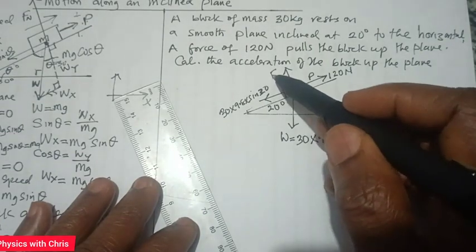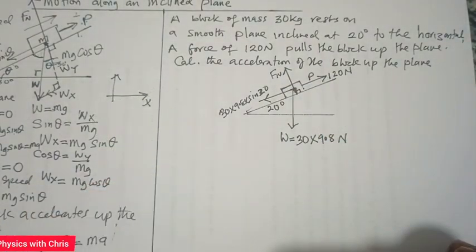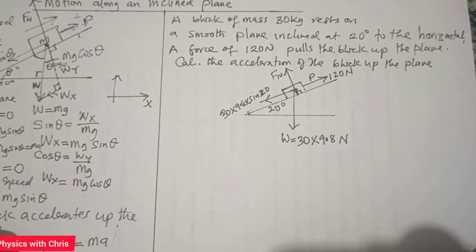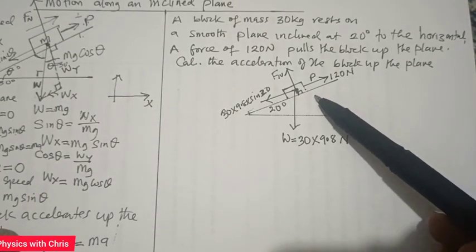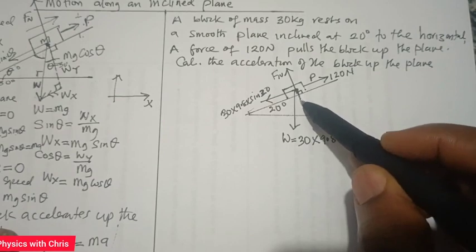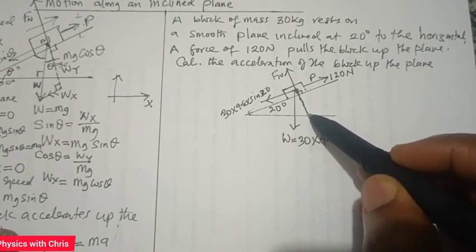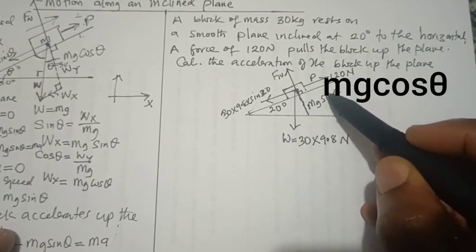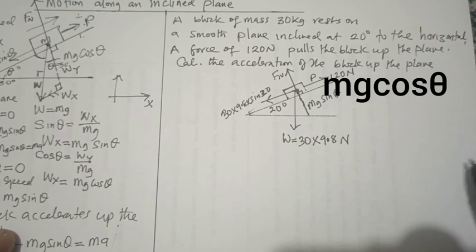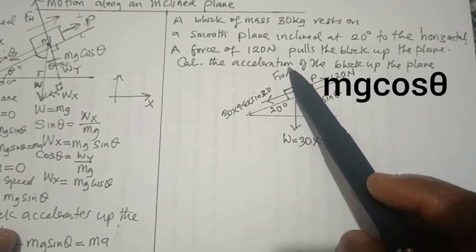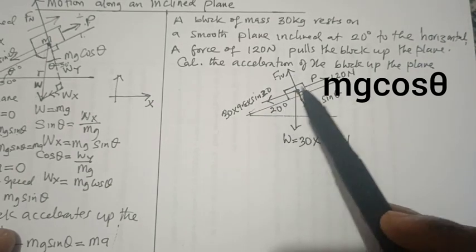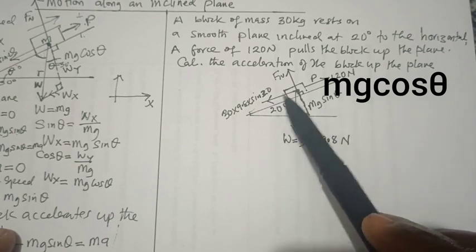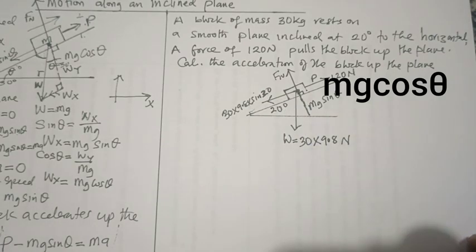Along the plane, we have two forces acting. There is a component of the weight that balances the normal force. And since there's no motion in this direction, we're only going to work with the forces acting along the direction of motion.